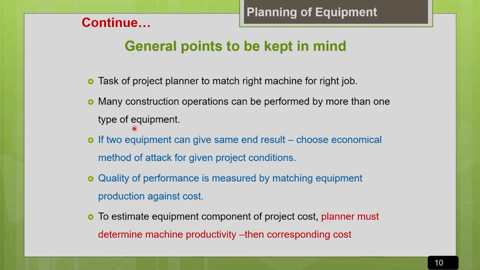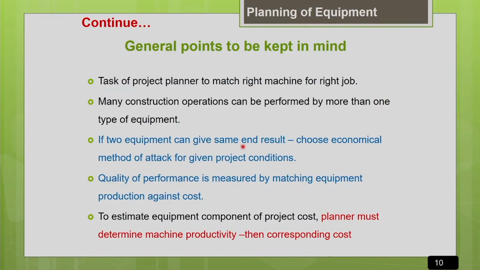As I told you in the beginning of this lecture, we should go for the economical method of attack. If two equipment can give you the same end result, choose the economical method of attack for the given project conditions. The project conditions should also be taken into consideration while selecting the equipment, not only economics.